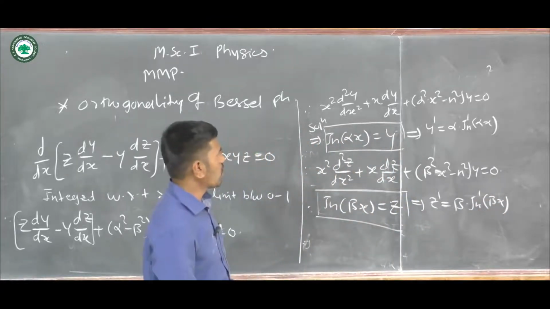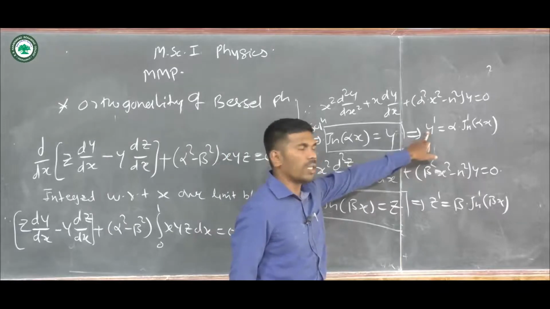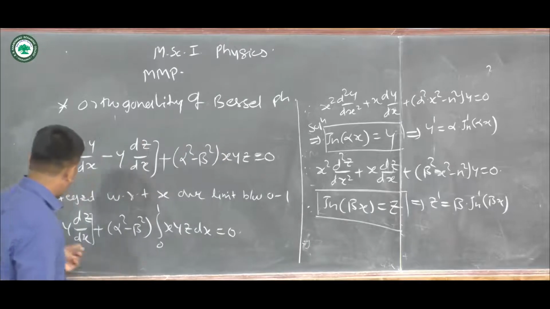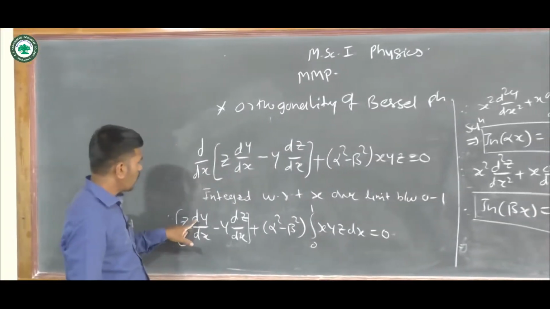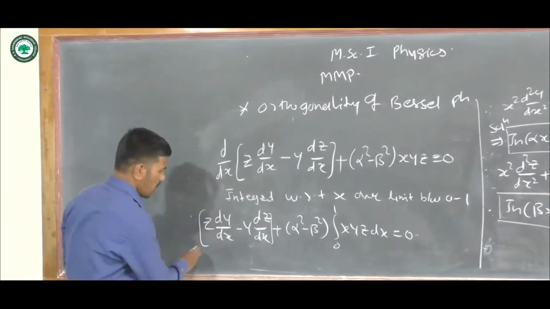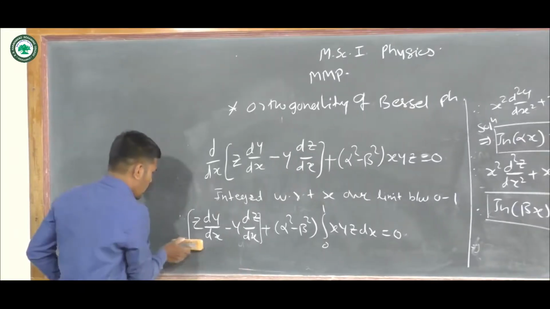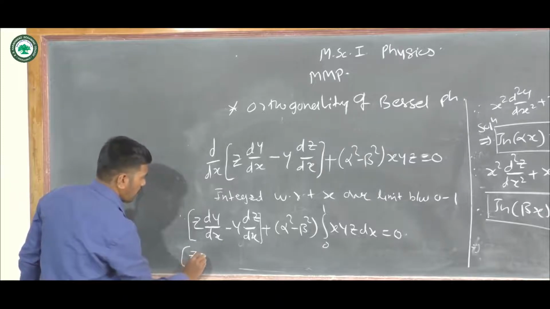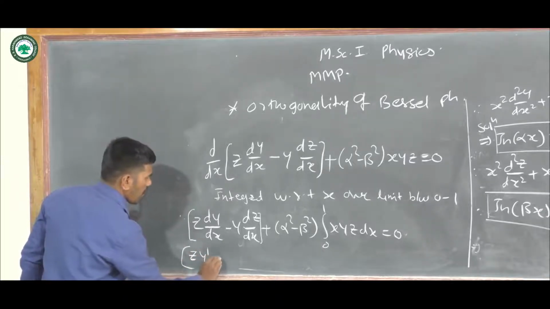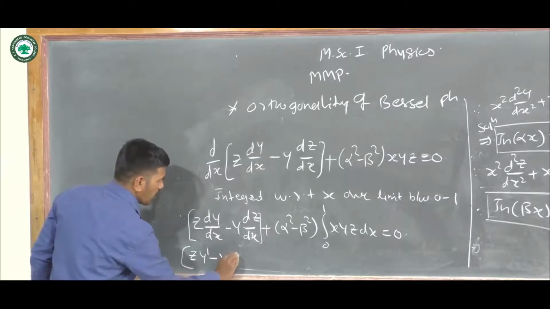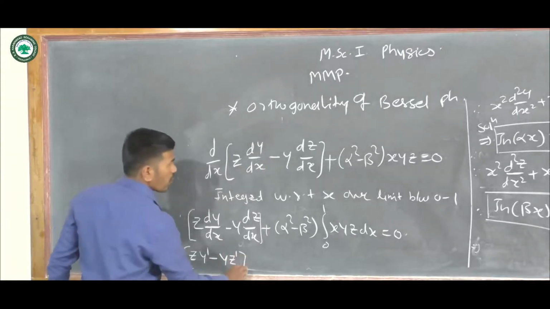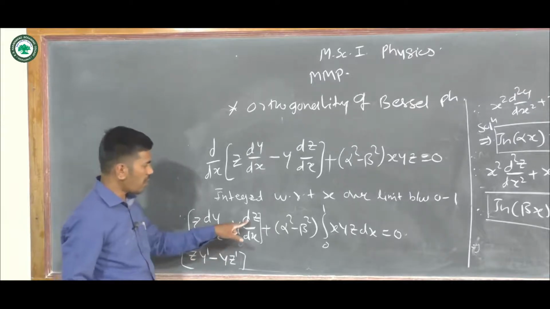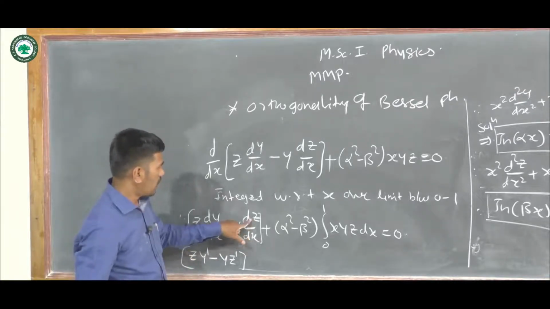Okay, so this y prime is nothing but dy by dx and z prime is dz by dx. So if you observe here, z into dy by dx, we can write as z into y prime minus y into z prime. Or also you can substitute y prime is equal to dy by dx and z prime is equal to dz by dx.